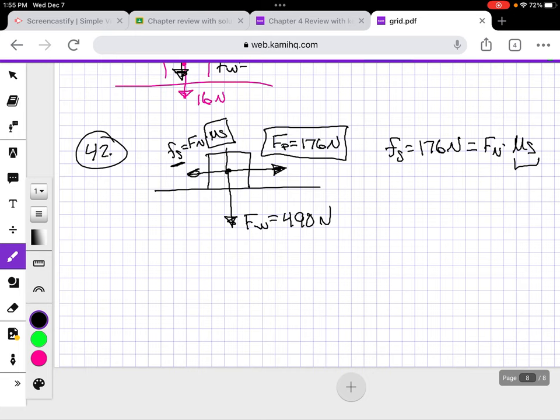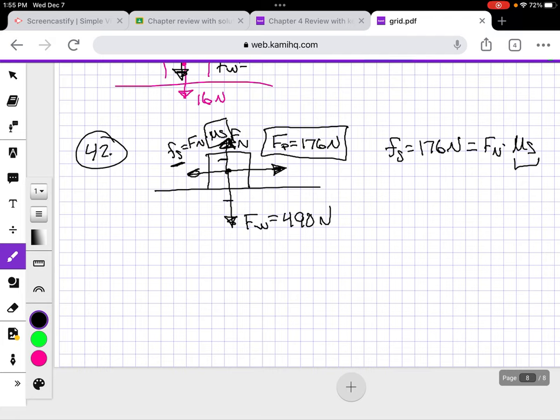Force normal is pretty easy, because it is equal to the force weight, since there are no other forces at play in that direction. Again, you can show that with Newton's second law, setting it equal to mass times acceleration, and there's no acceleration, so it's 0.